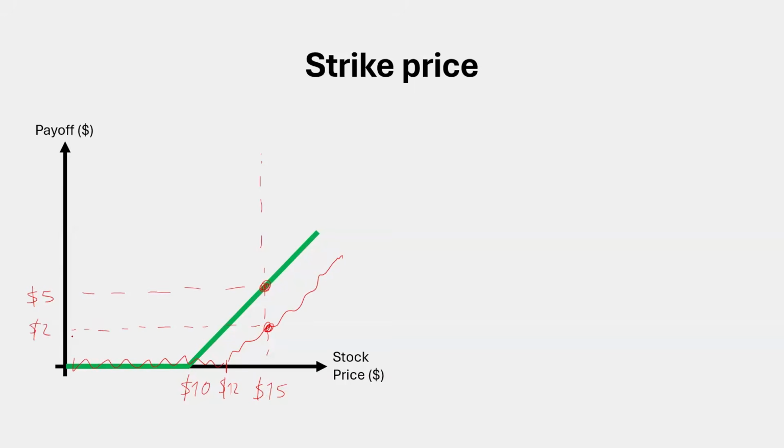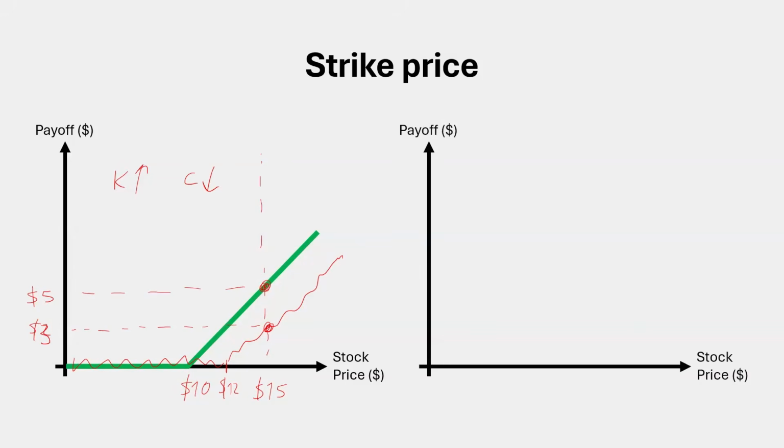The payoff has decreased to $3, which is the difference between 15 and 12. So as you can see here, an increase in the strike price, let's call it K, decreases the call option price, let's call it C. Okay. How about the put options? Let's examine that as well.